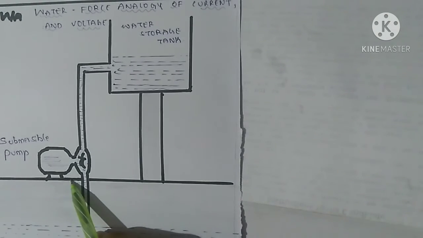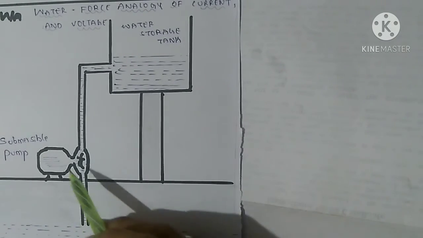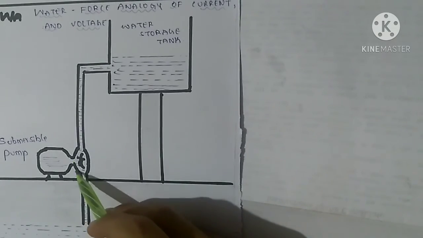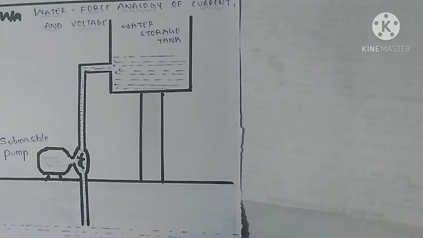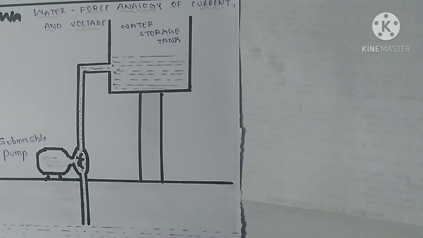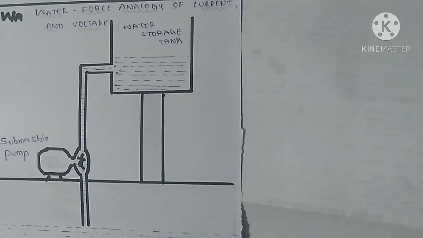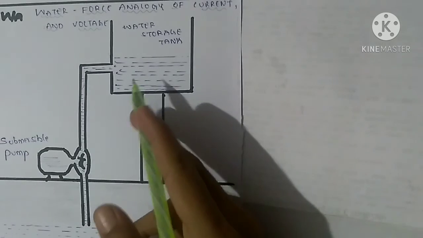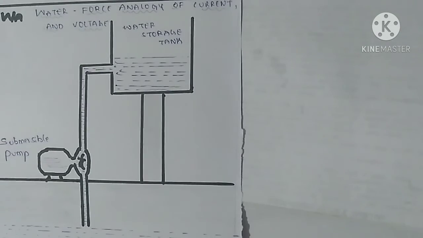When the submersible pump is switched on, it forces the water into the tank and fills the tank with the help of centrifugal force. This force is an analogy of voltage and this water is an analogy to electric current.